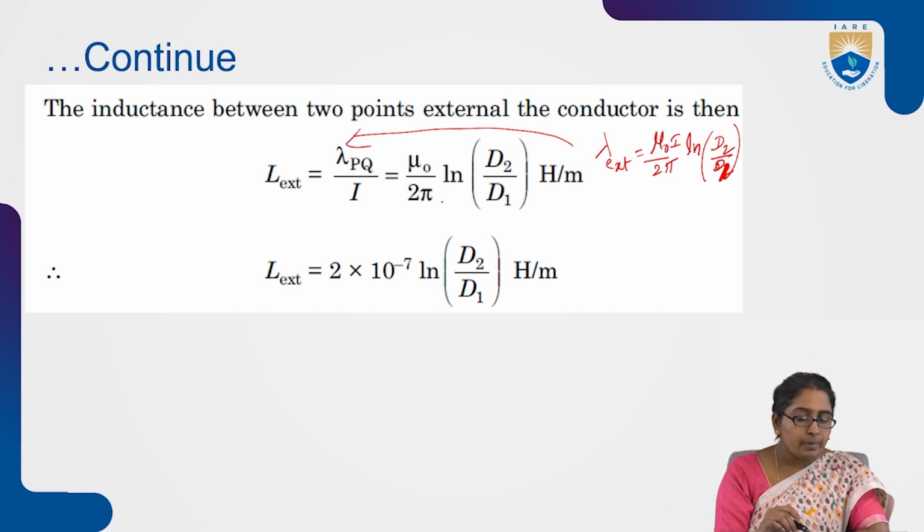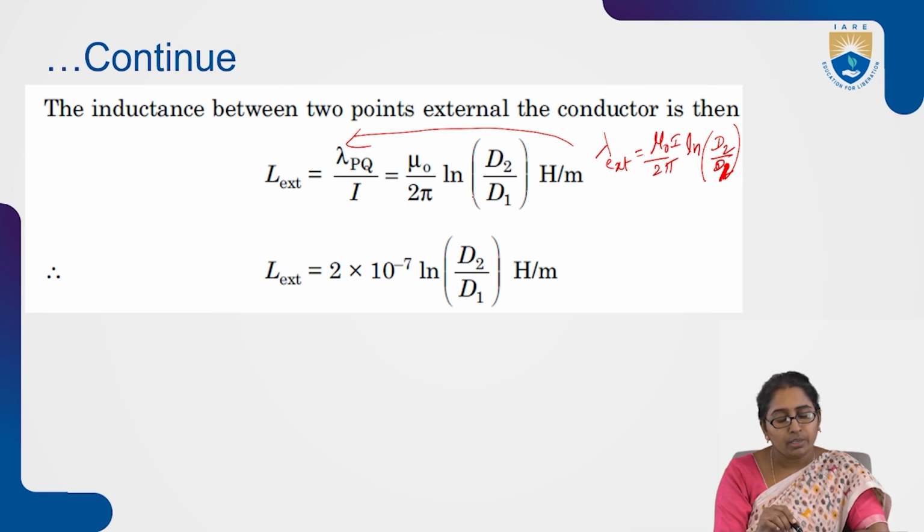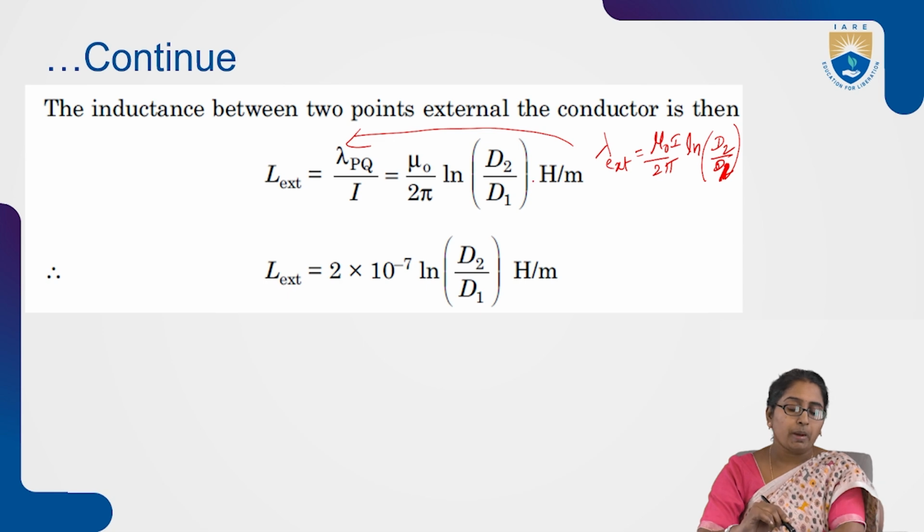Finally, the inductance due to external flux, with 2 points taken externally, is mu naught by 2 pi into log of D2 by D1 henries per meter. We have taken the conductor per meter length.